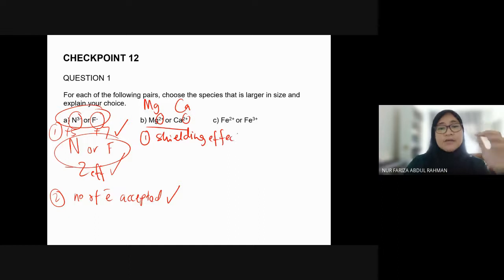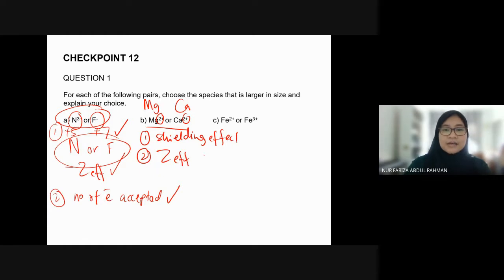Why shielding effect? Because we are going down the group. When going down the group, the N increases, right? So calcium has higher N compared to magnesium. Higher N means more electrons, and so on, the same. And then do not forget to highlight the Z effective.